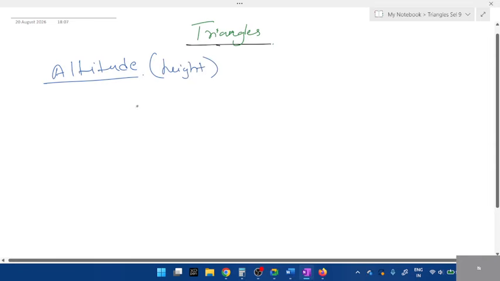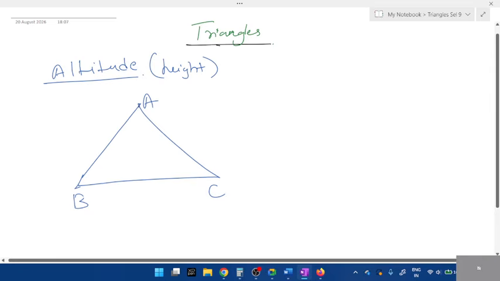It is known as height. Let me take a triangle. This median and altitude are applicable for all types of triangle: scalene, isosceles, equilateral. We'll be applying all this concept when we start solving questions. Now, what do you mean by altitude?